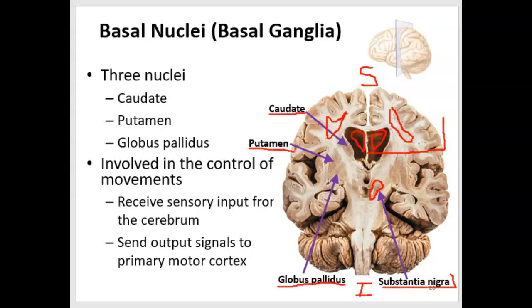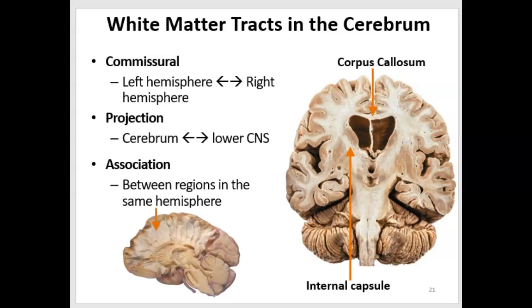Technically, it's not really part of the cerebrum, but its gray matter is involved in motor control, just like the other nuclei. And when this region degenerates, we get Parkinson's disease. So another movement disorder.